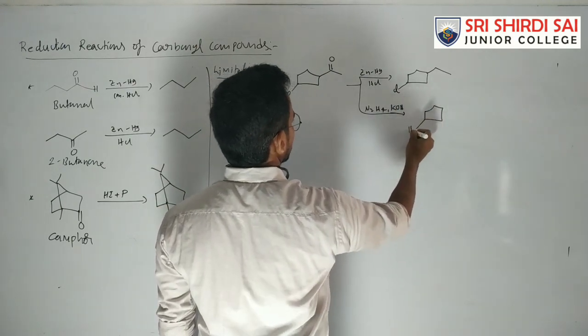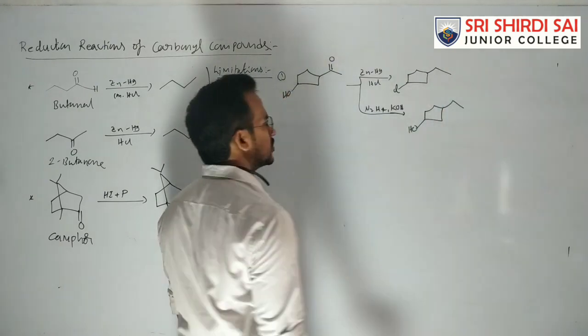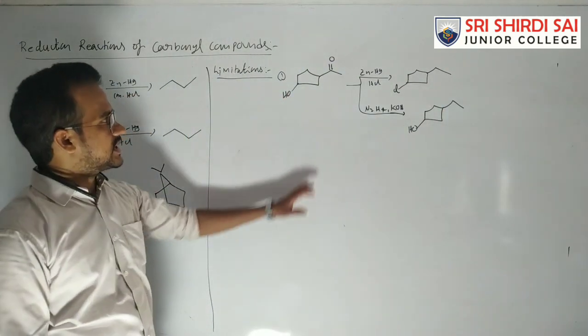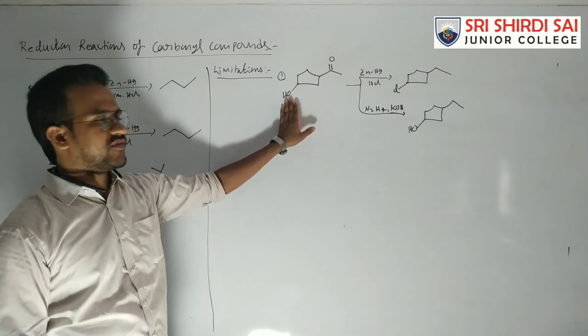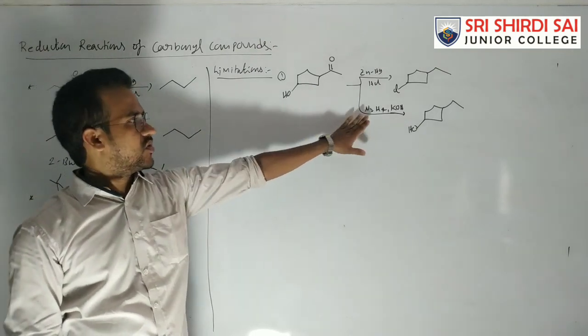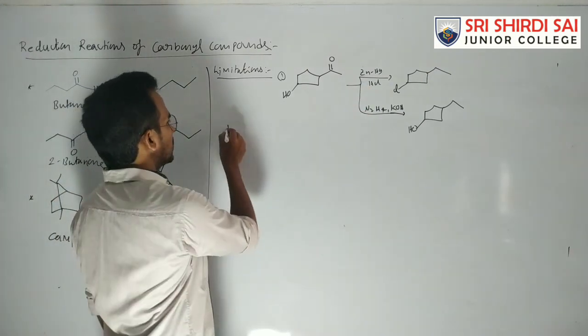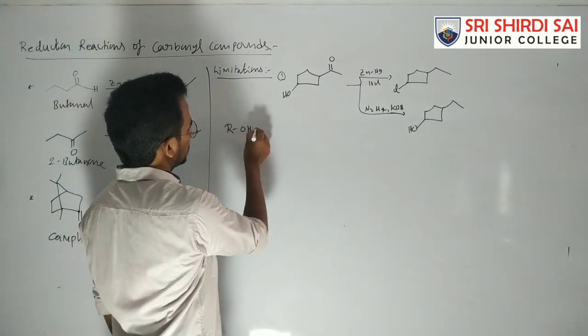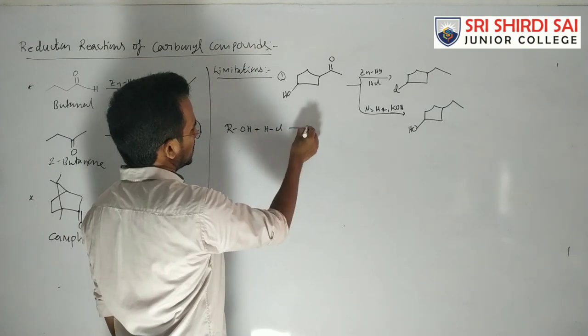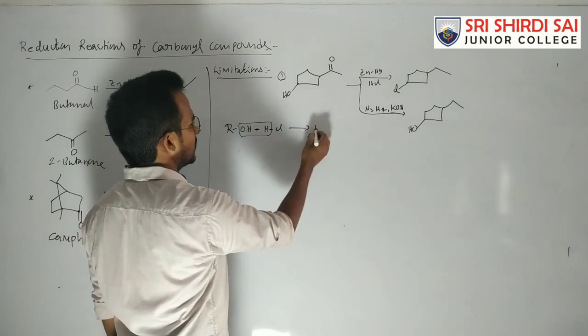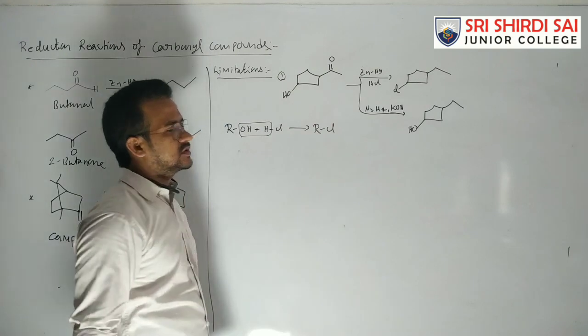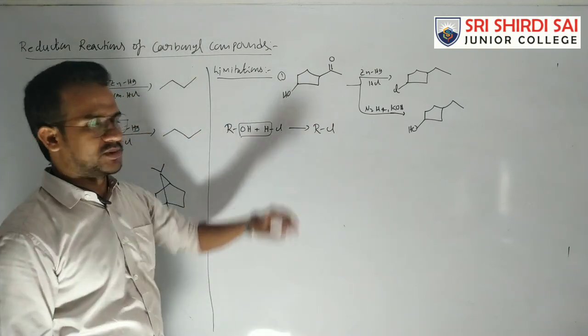The OH is not affected, only the CO group is affected. So for the reduction of this compound without affecting this OH, Wolff-Kishner reduction is the better method, because alcohols on reaction with HCl give alkyl chloride. This reaction also takes place.